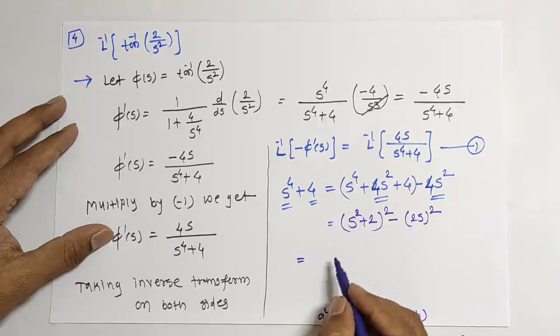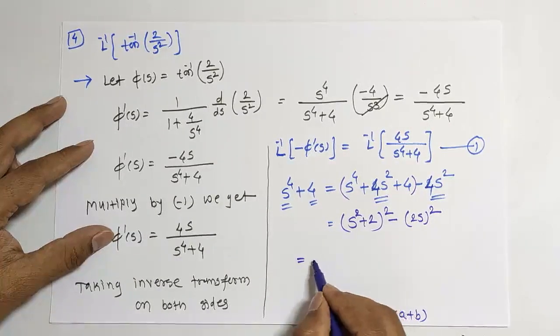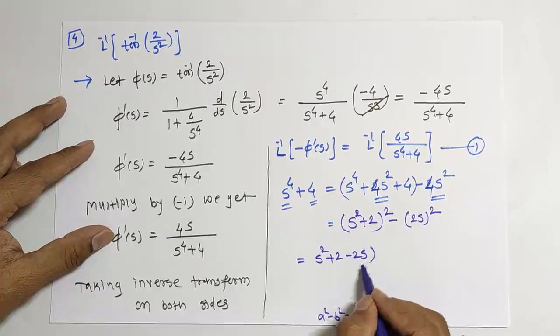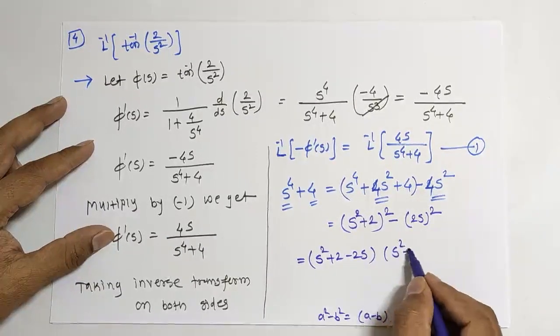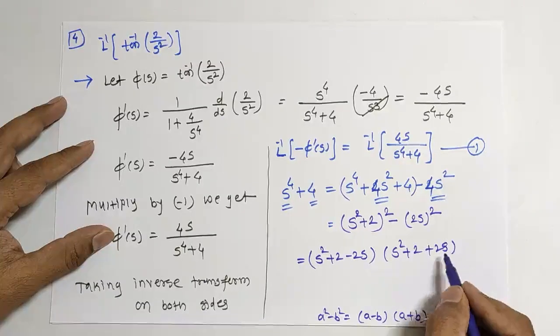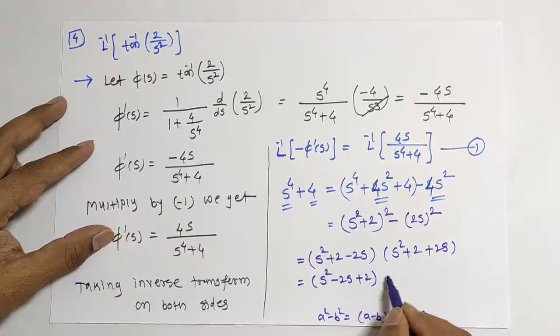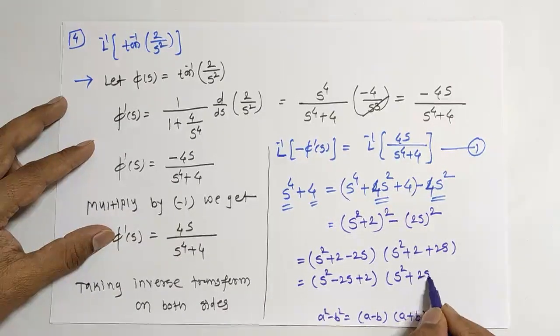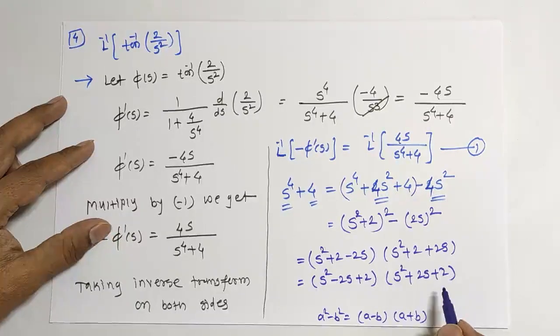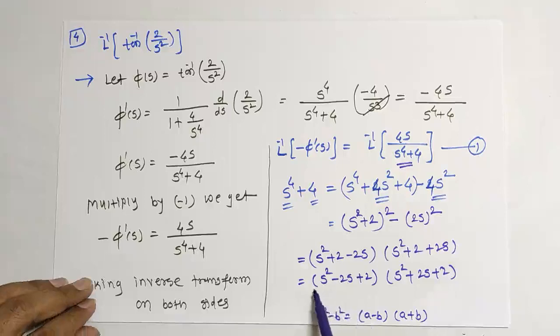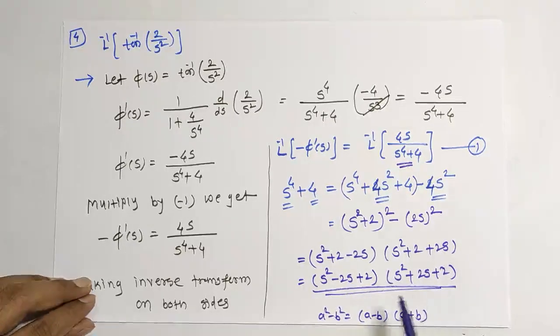So this will be s square minus 2s plus 2 and s square plus 2s plus 2. So जो टर्म यहाँ पे डिनोमिनेटर में है, इसकी जगह पे हमें ये दो फैक्टर्स लिखना है. ओके. So you note down this.